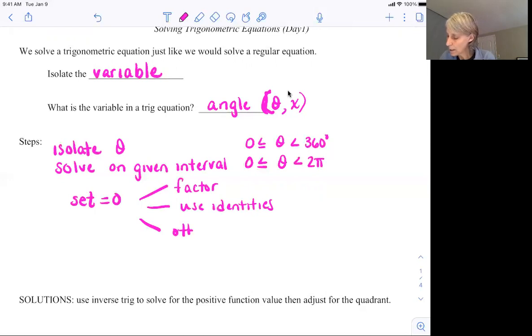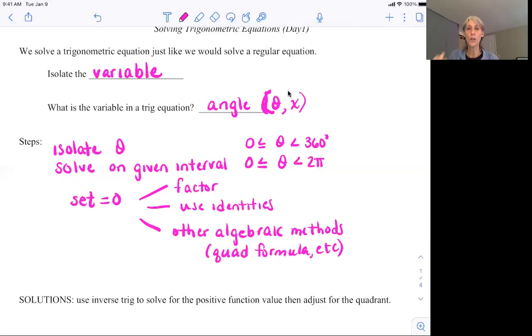And sometimes we may use other algebraic methods. So this would include, if necessary, the quadratic formula or solving for a square root, etc. You treat it just like a regular equation.